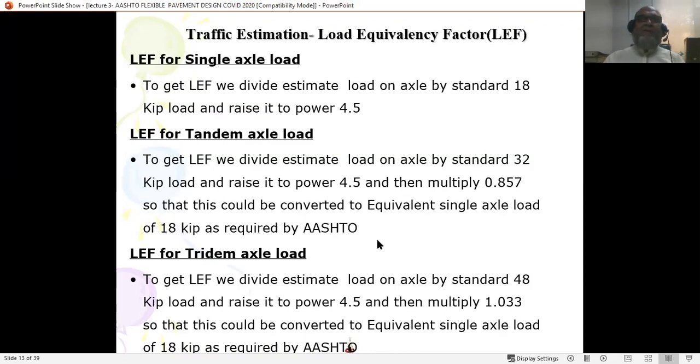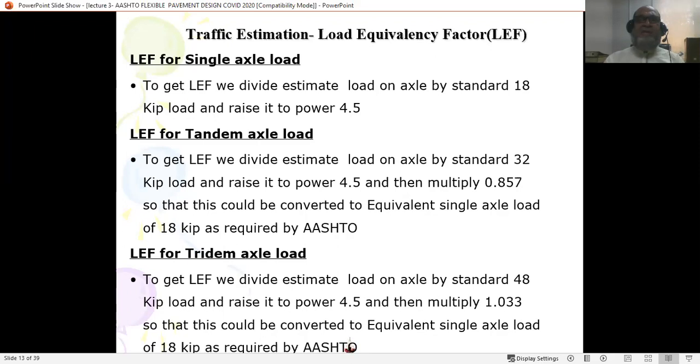Now, this axle load factor is also known as load equivalency factor. Remember, H2 considers traffic in terms of equivalent single axle load of 18 kip.